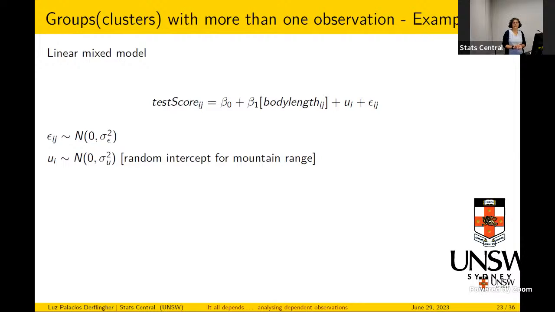Another one would be, we have 8 mountain ranges. If we were to include it as a fixed effect, then we would have to estimate 7 beta coefficients. So imagine if we had, in this case, 8 groups. Sometimes you have 100 groups or 50 groups; if it's a fixed effect, you would need to estimate the number of groups minus 1.